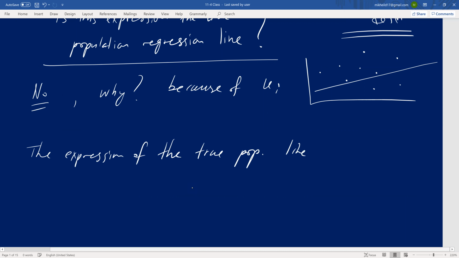Yi equals beta 0 plus beta 1 x1i plus beta 2 x2i plus beta k xki without a disturbance. Now you are partially right. Now think about this and try to be absolutely precise.